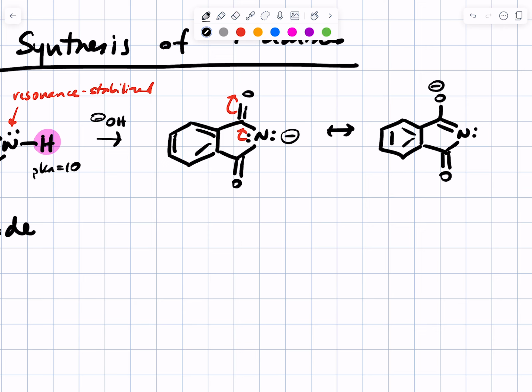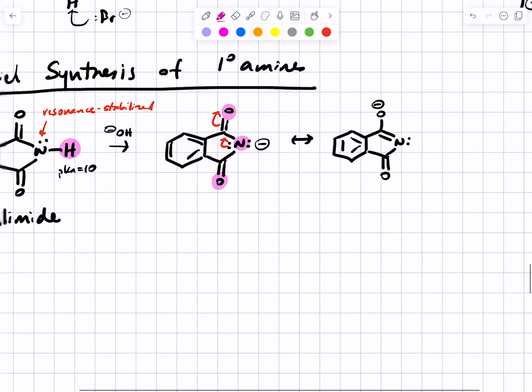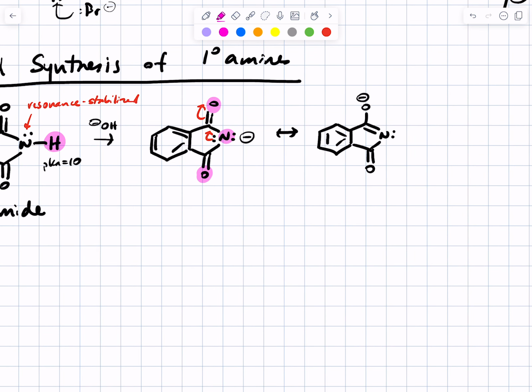You can draw another resonance structure where the negative charge is on the other oxygen too. Okay, so this is a negatively charged conjugate base. It's nucleophilic, but it's not nucleophilic on the resonance stabilized lone pair. It is nucleophilic on the one that's perpendicular to the pi system.